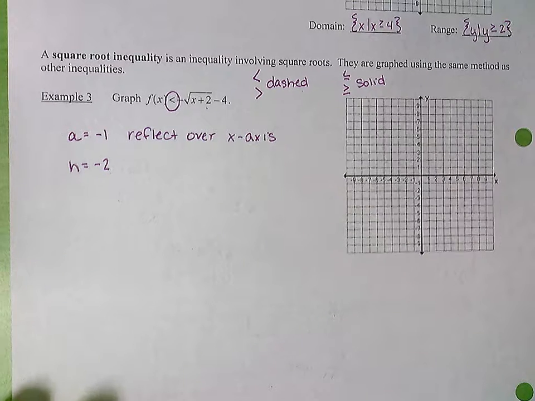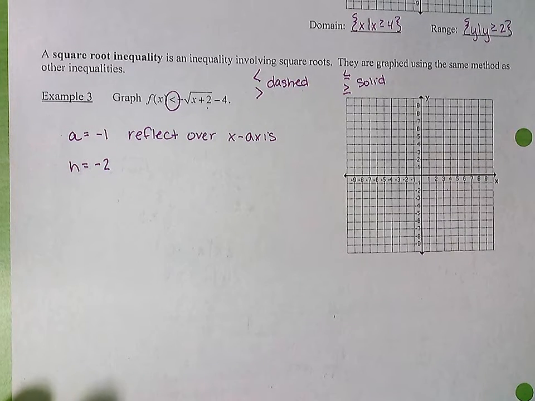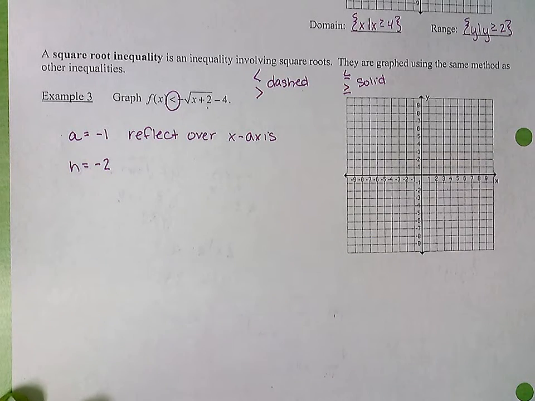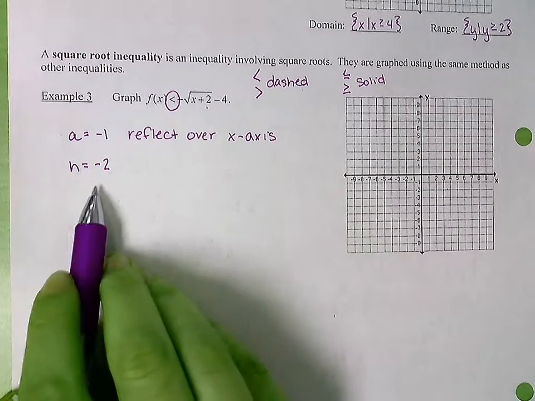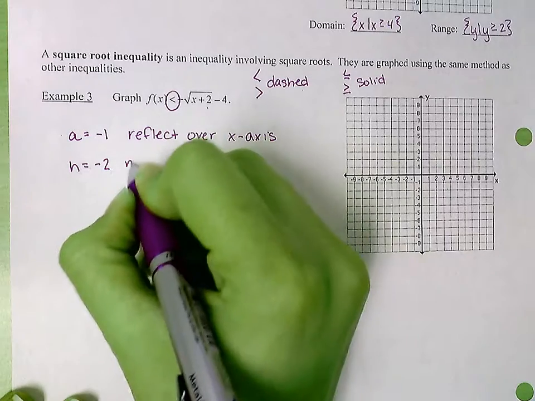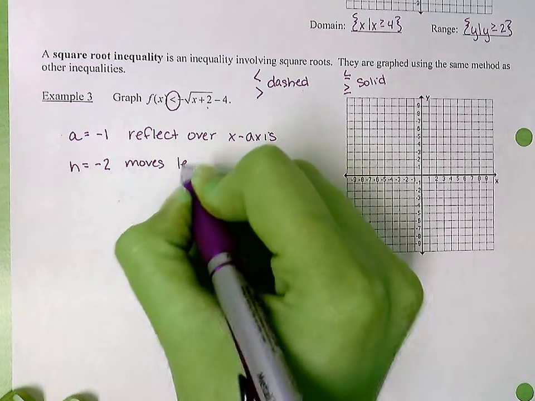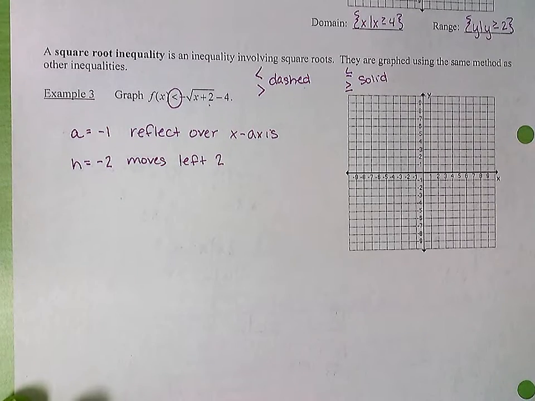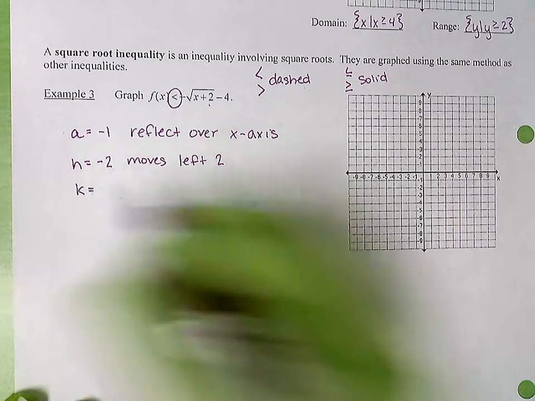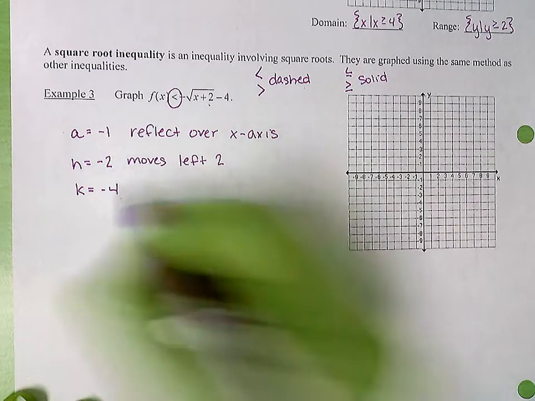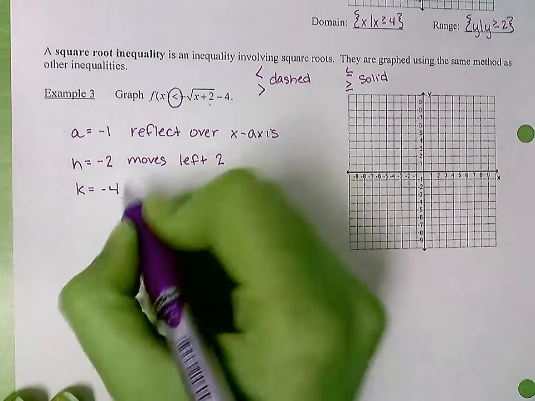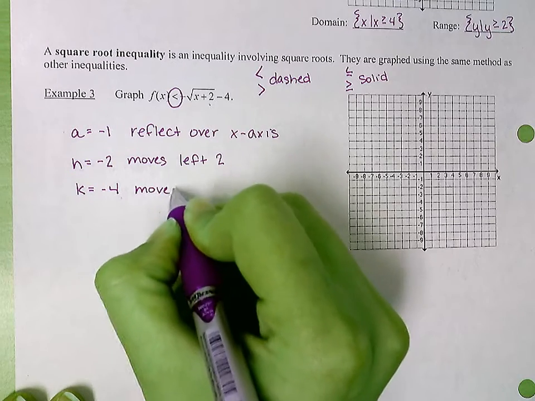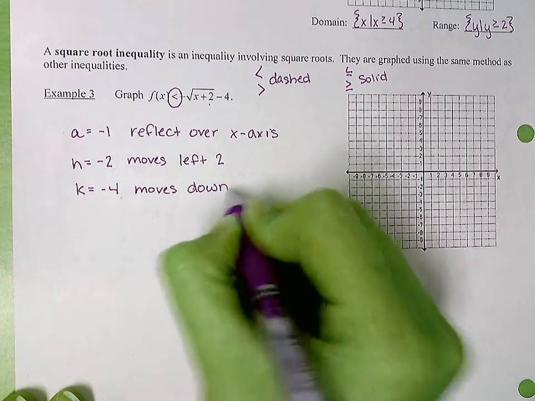Remember, you have to shade when it's an inequality. It moves left 2 units. Our k value is -4. It moves down 4.